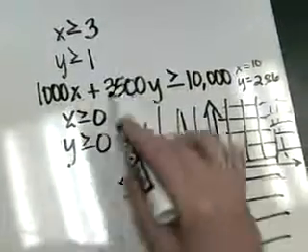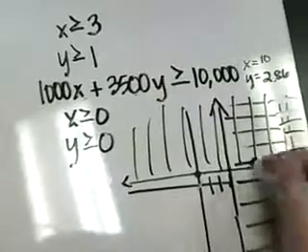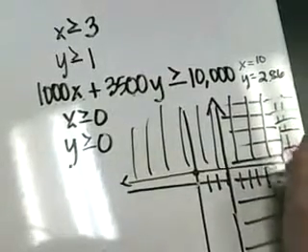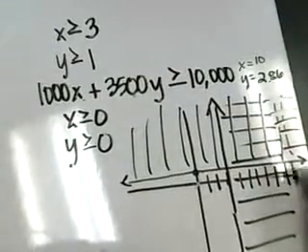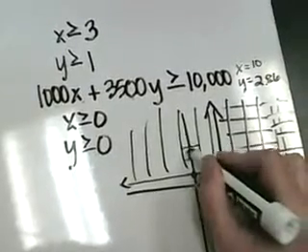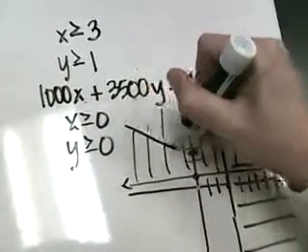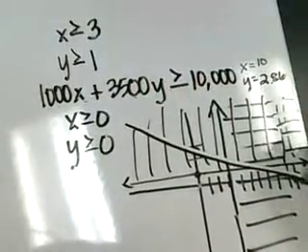Okay, now I'm ready for my cover-up one, and we already know that x is 10 and y is 2.86. Solid line. Wowzers.